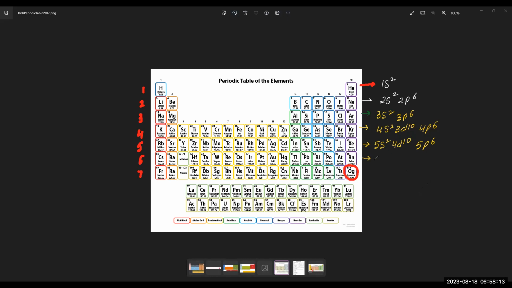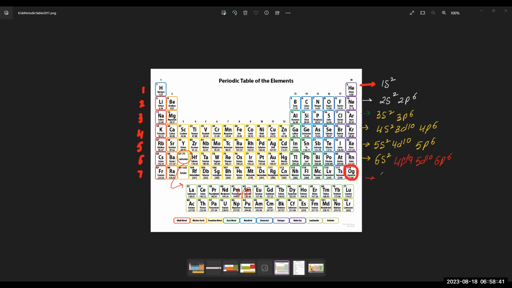Period number 6: 6s2. After 6s2, can you see this blank? This blank is for 4f. 6s2, 4f14, 5d10, 6p6.